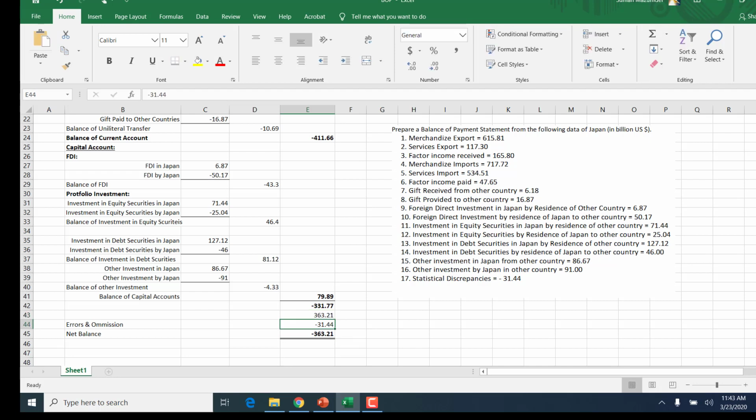If we write here 363.21, the net balance will be zero now.